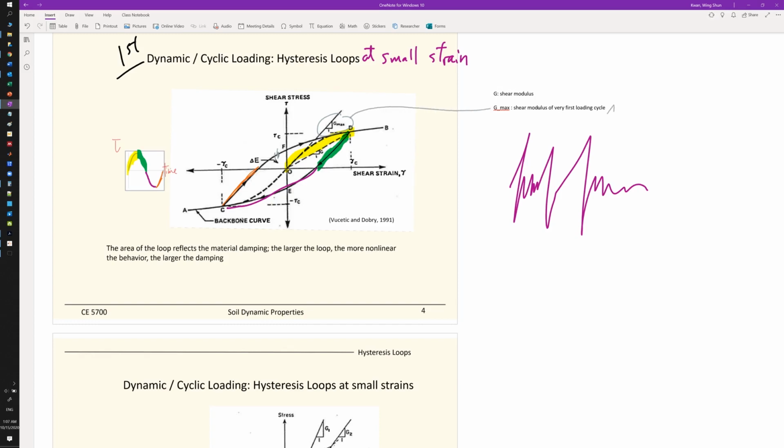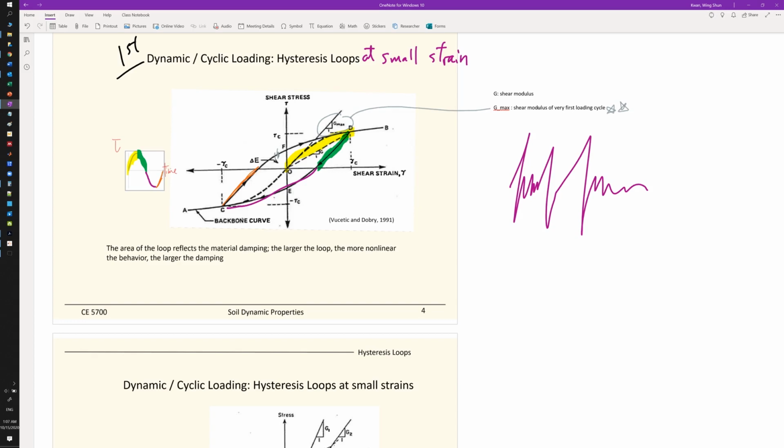So this is super important, and it's also important that you understand where it comes from. Gmax is the maximum shear modulus, which comes from the very first hysteresis loop under any form of cyclic loading on soil. So that is the Gmax.